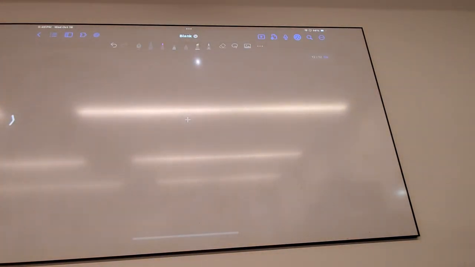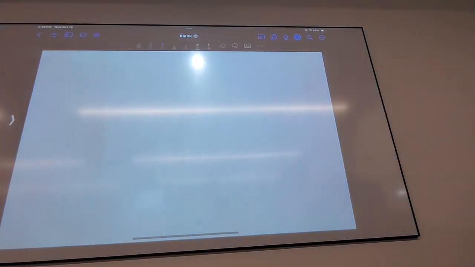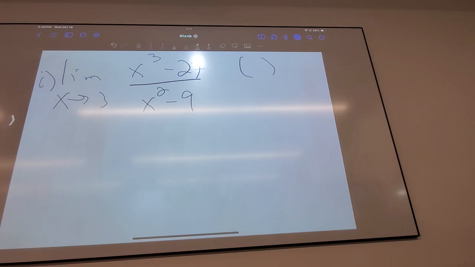So let's do a real quick example and then get out of here. Let's do 2 examples. For all of you that really hate factoring anything, including cubes, what form is this limit in? 0 over 0.